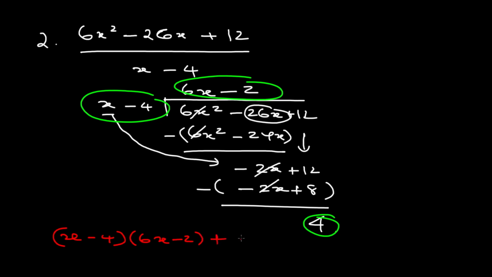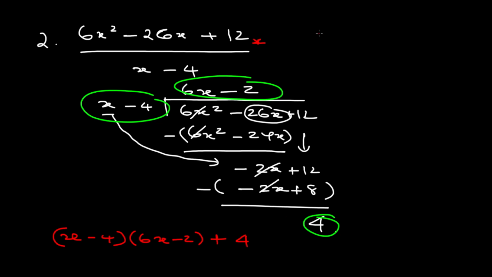It's 6x minus 2, like that. Okay, so this is how this is going to be. That is the whole polynomial. So you have your factors here, and then you have your remainder there. Okay, so if I expanded this, it'll actually give me this one, because these are the factors and that's the remainder of this whole structure here.